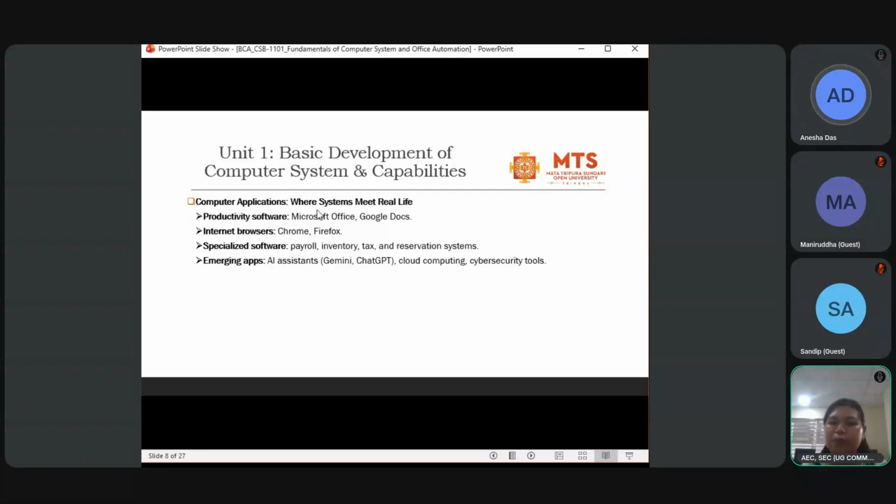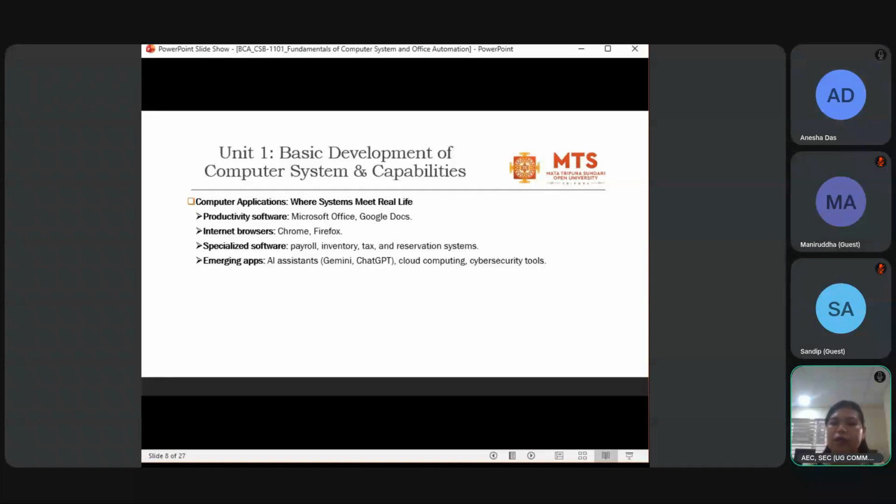Next is computer applications, where systems meet real life, like productivity software. As I have already said, Microsoft Office, Google Docs, Google Sheets, and Google Forms are productivity software. We are doing Google Meet online classes, so that is also productivity software, right? And internet browsers like Chrome, Microsoft Edge, and Firefox.